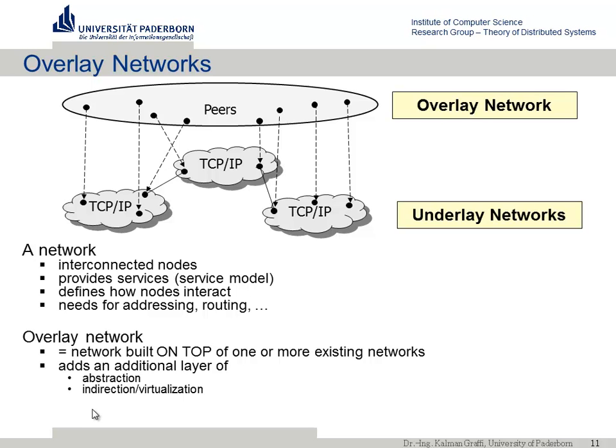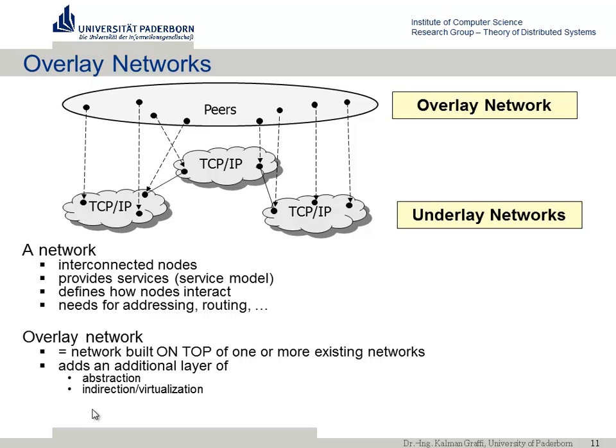Typically we say we have a graph with nodes and edges. And this network also provides a service, so there's an interface that it offers. For example, the IP network offers to route a message based on the IP address. This network also has a set of protocols, so it defines how nodes interact and provide a specific service. That is a very rough description of what a network is.